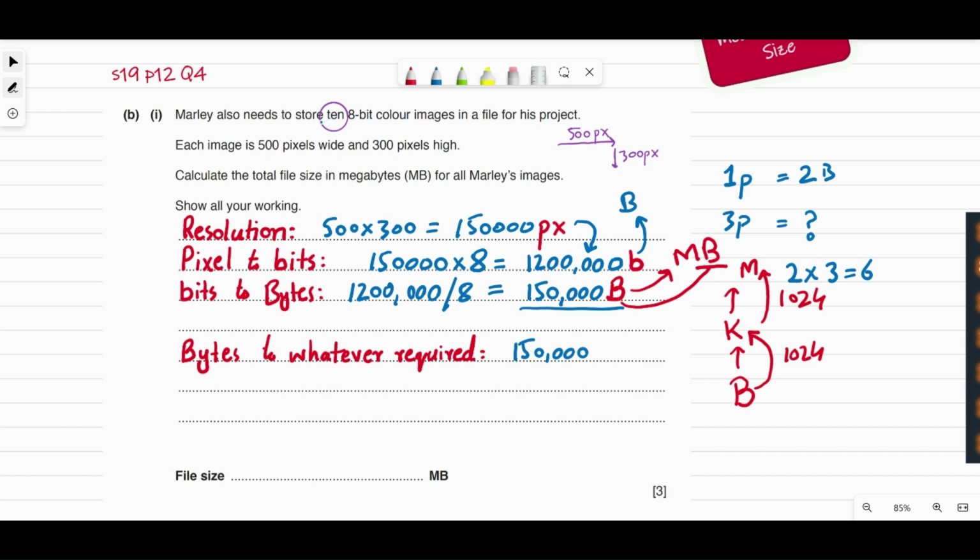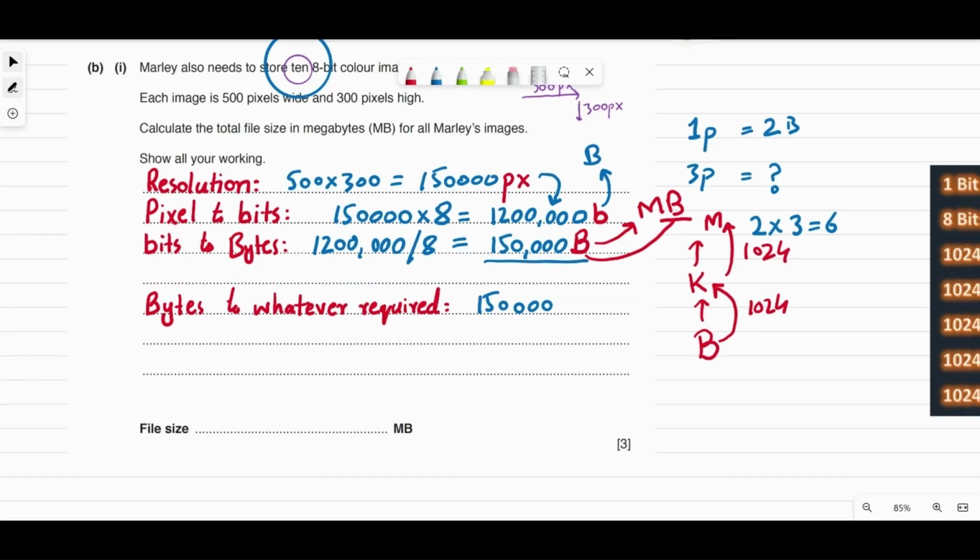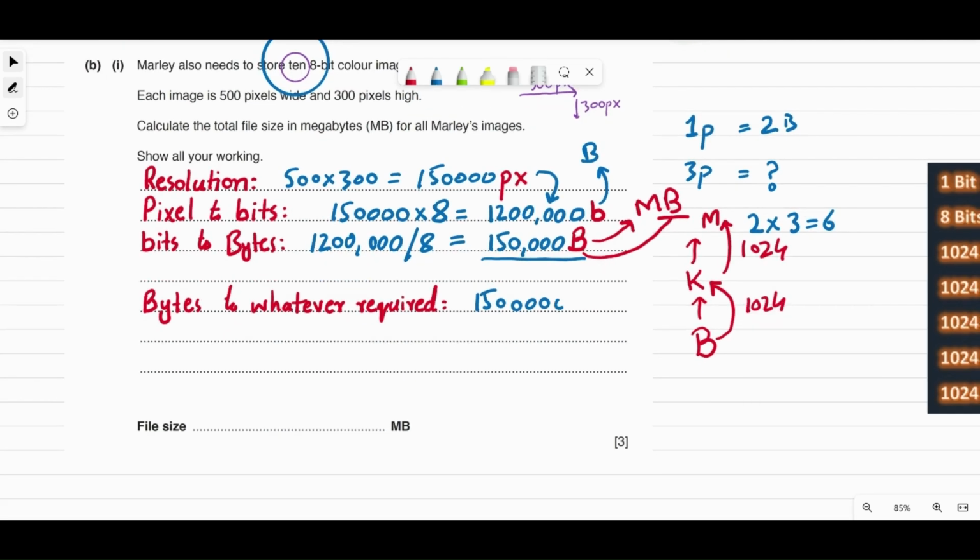But here it says we have 10 images. Just like if one pixel takes 8 bits, then how much do 150,000 pixels take, so we multiplied it. We multiply the 150,000 with the 10, so I'll remove the thousand separator, one more zero.